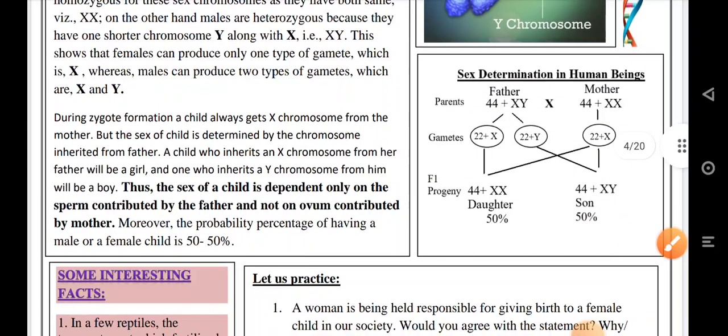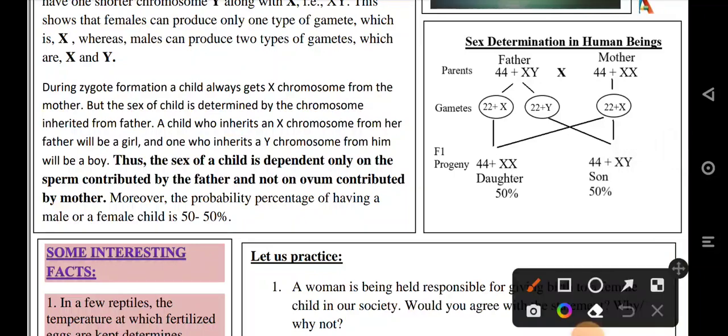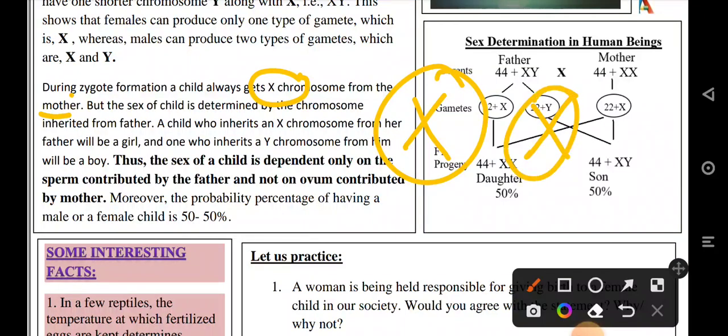So during zygote formation, a child always gets an X chromosome from the mother. Why? Because the mother has only a pair of X chromosomes. But a male contains both X and Y chromosomes.